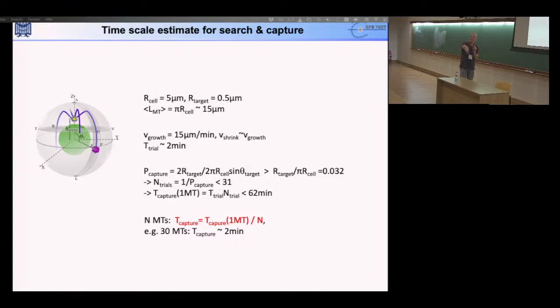So it grows and then shrinks again. With that trial time, the estimate of the capture probability is just the ratio between the target size and the perimeter of this.